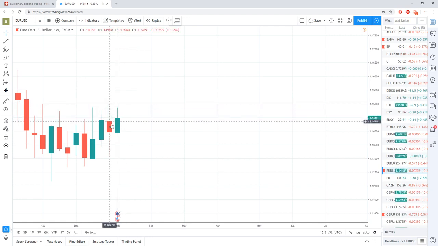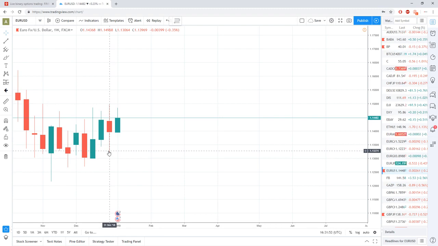These lines above and below the body, everything here is the candle, and these lines are called shadows or tails or wicks, but the most popular variant is of course the shadow.